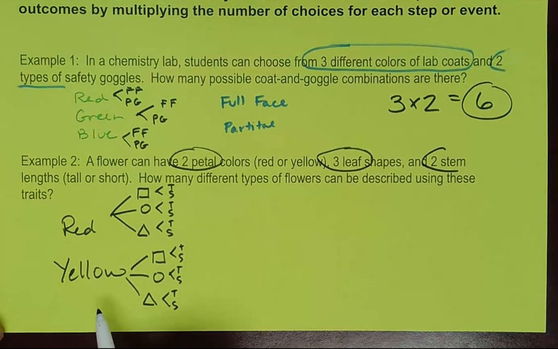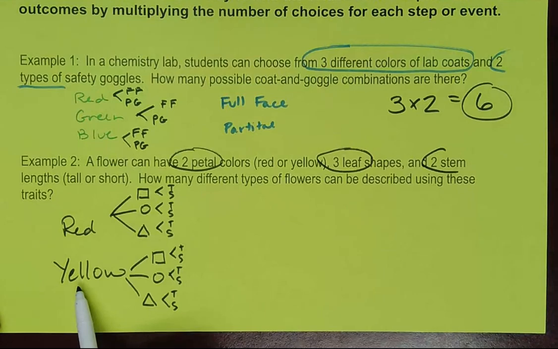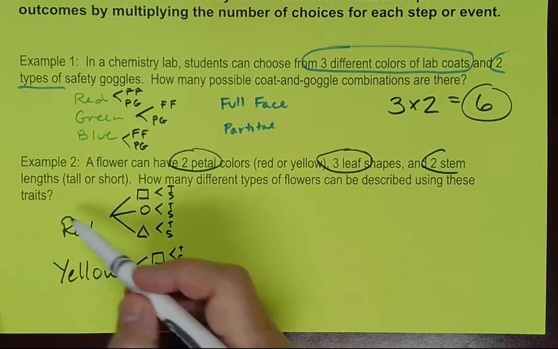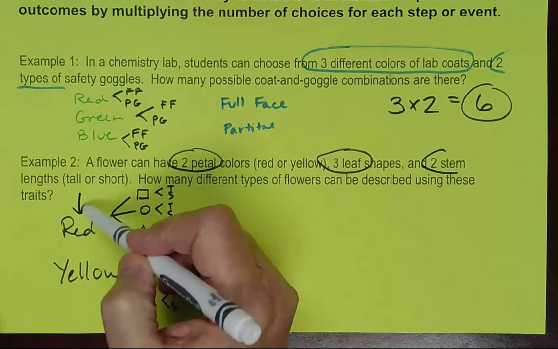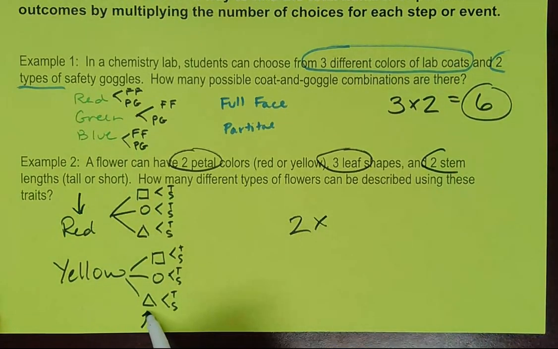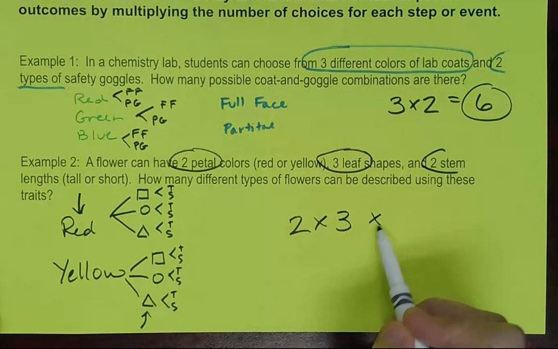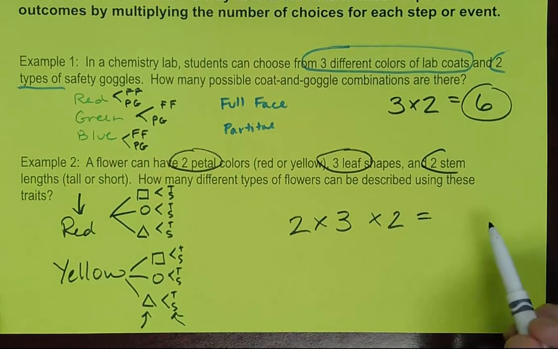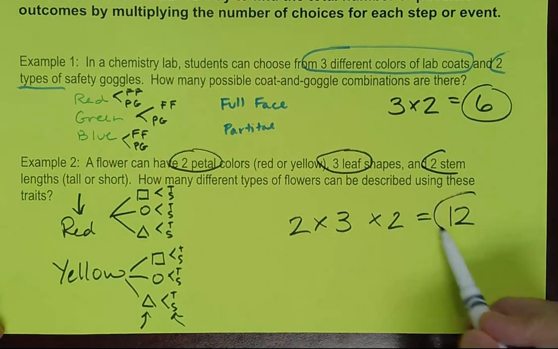So I can have a yellow petal with a round leaf shape that is tall, or I can have a yellow petal with a round leaf shape that is short. So what you have to do is multiply 2 petal colors times 3 leaf shapes times 2 stem lengths, and I get 12 different possibilities.